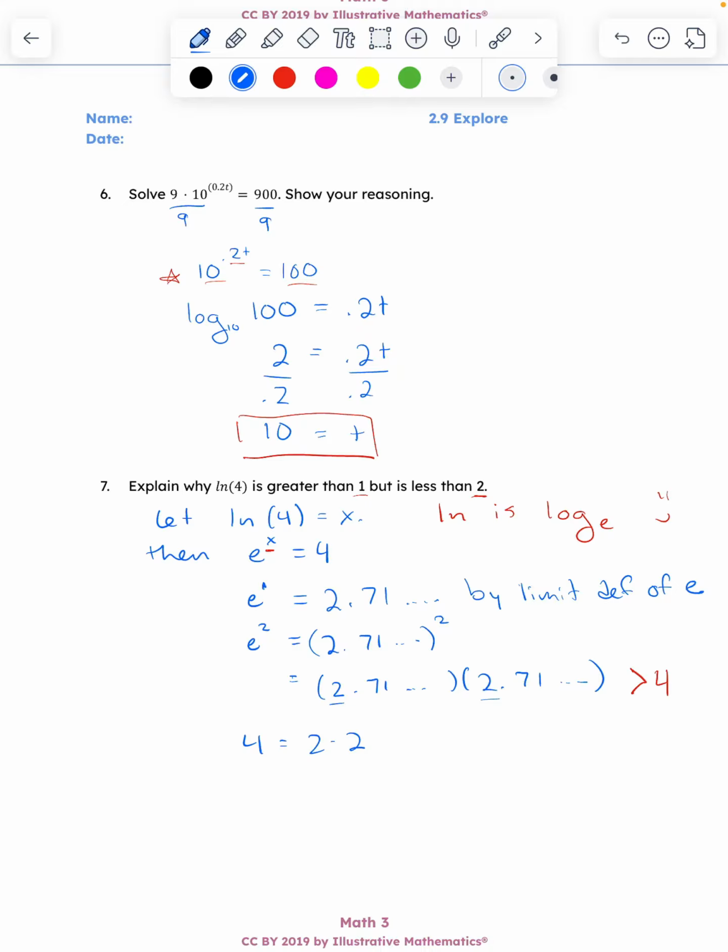So since e squared is greater than 2 squared, ln of 4 is going to be less than 2.